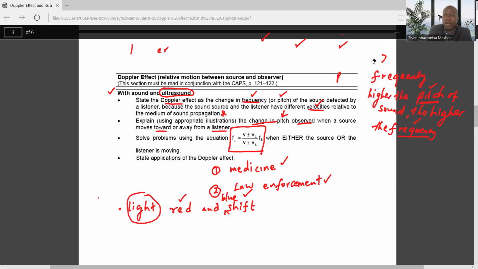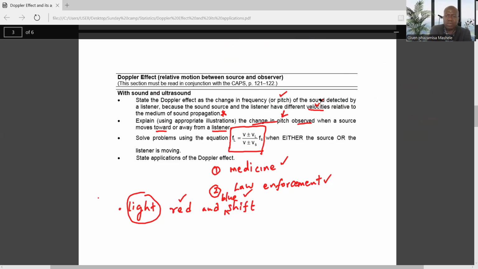So we're now able to define the Doppler effect, which is the apparent change in frequency of the sound detected by the listener, because the sound source and the listener have different velocities relative to the medium of sound propagation. That is what you need to understand.